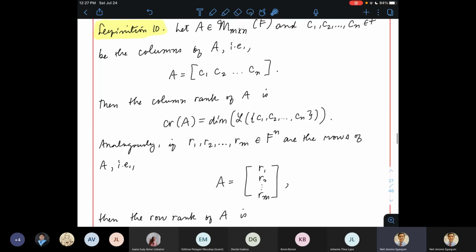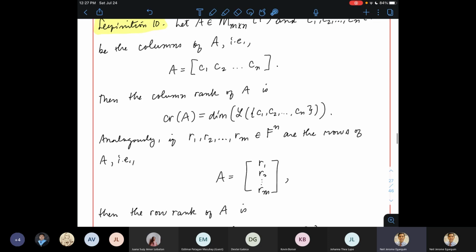So going back here, if A has column C1 to Cn, then the dimension of the span of C1 to Cn, actually I forgot the term span when I was writing the handouts, or the modules, that's why I stick to using curly L to the set of all linear combinations.